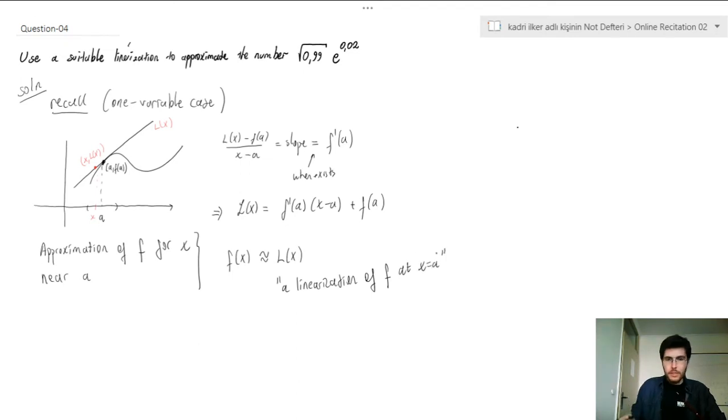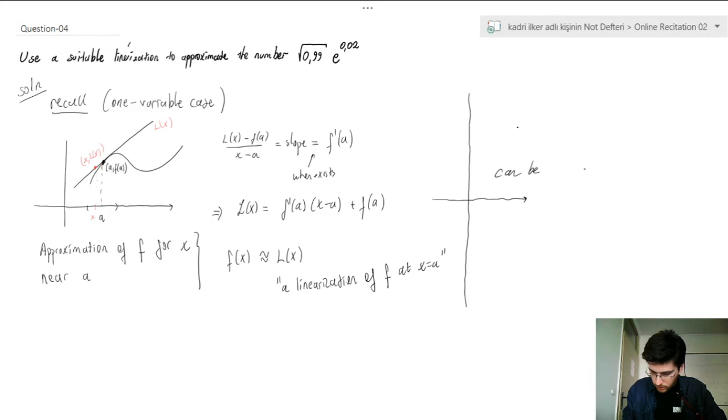Okay, so by using this idea, we can generalize it to higher dimensions.